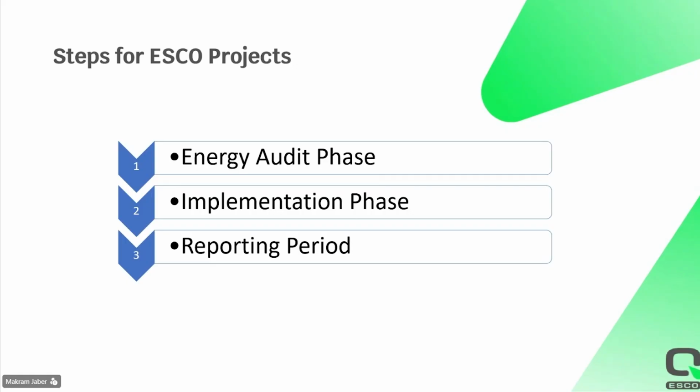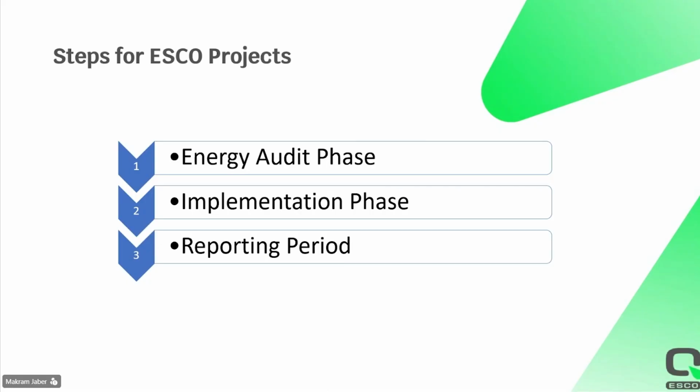During the energy audit phase, we go to the facility. If we have a hospital, for example, we will go to the hospital and try to understand the consumption inside the hospital and try to propose what kind of measures we can do to reduce the energy consumption.